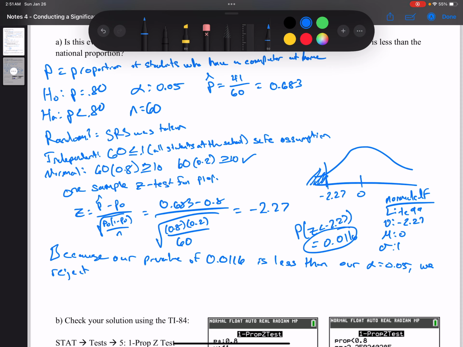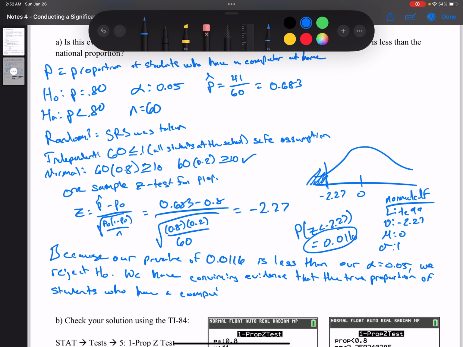We reject the null hypothesis because we have convincing evidence that the true proportion of students who have a computer at home is smaller than 0.8.